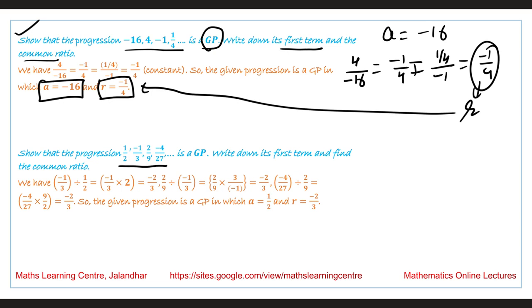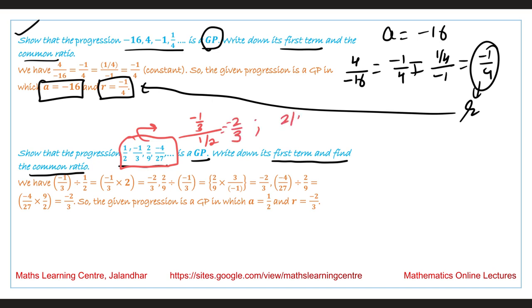Next is: show that this progression is a GP, write down its first term and find the common ratio. Again, to prove that these terms are in GP, we have minus 1 by 3 upon 1 by 2, that is equal to minus 2 by 3. Next, 2 by 9 divided by minus 1 by 3, that is equal to 2 by 9 into 3 by minus 1, that is equal to minus 2 by 3.